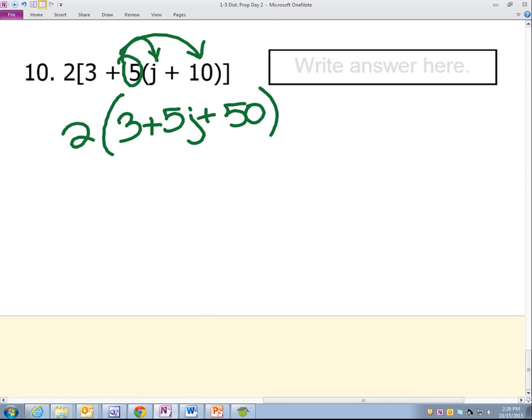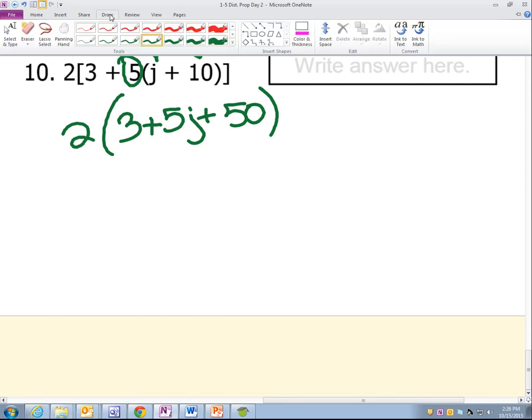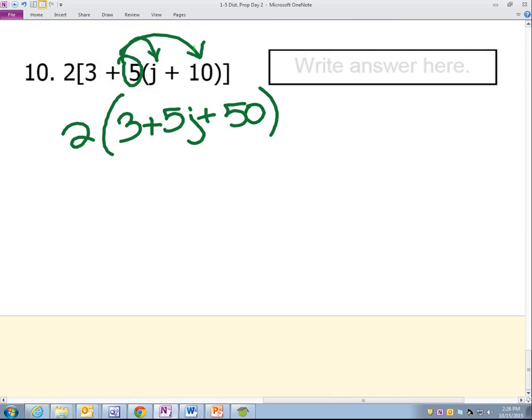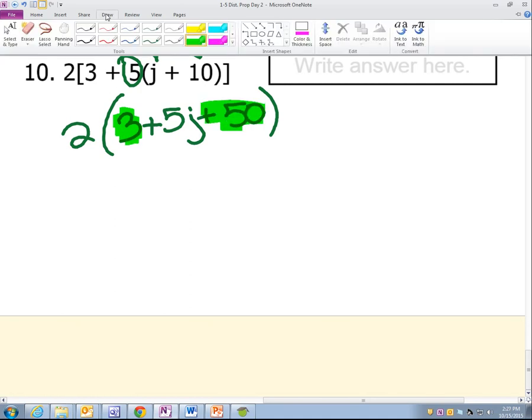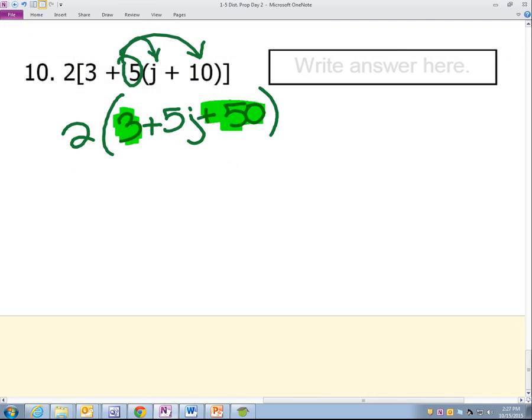I have some like terms here. I have a 3 and I have a plus 50. So I'm going to rewrite this. Now I have to get rid of the parentheses.